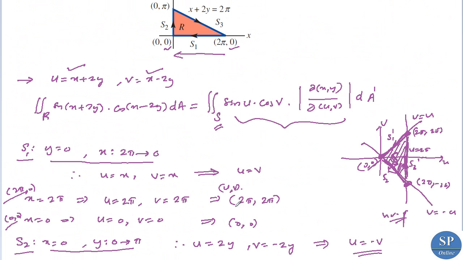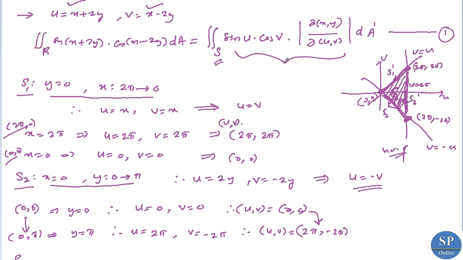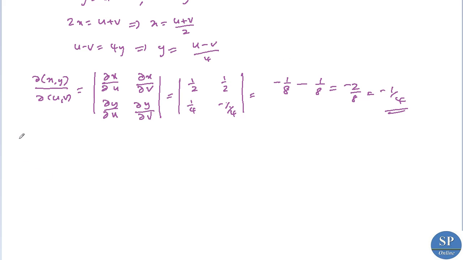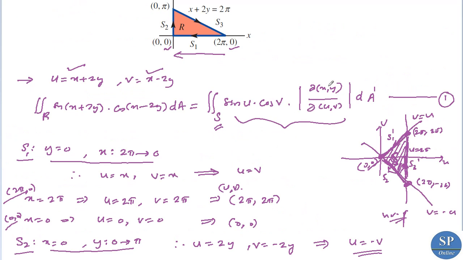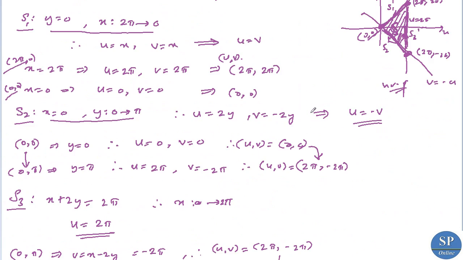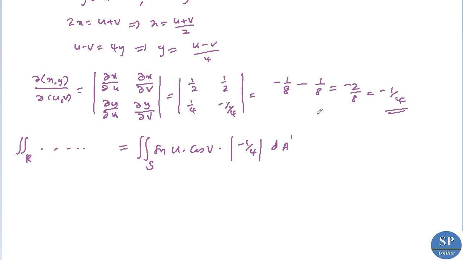Therefore we can find the integral as: the required double integral over R is equal to the double integral over S of sin u cos v into the modulus of minus 1 by 4 dA dash, because we have replaced it, and dou xy divided by dou uv is minus 1 by 4, so we need to take the modulus of that.